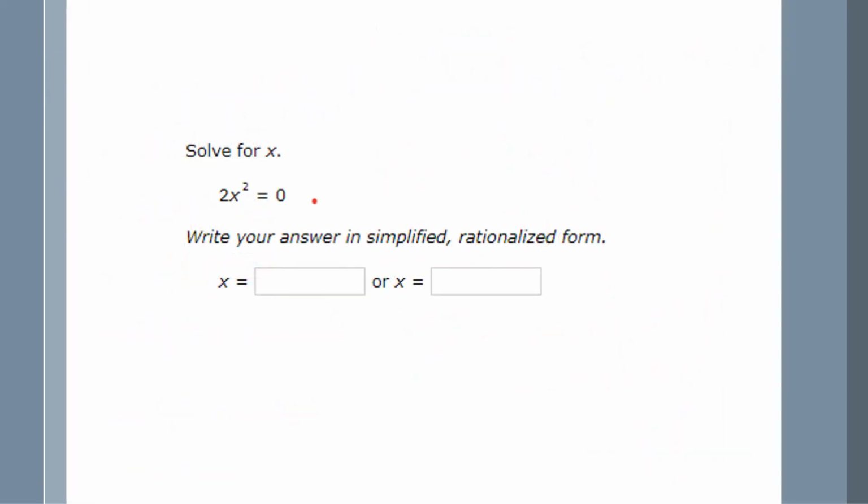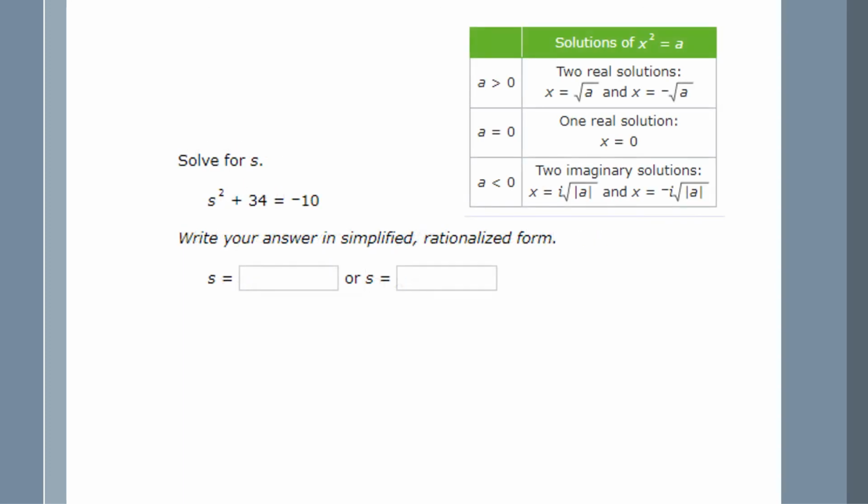You guys saw this one. You solve it like an equation, of course. But remember, squares, you take the square root of. Like say for example, if I was to say 4x squared equals 16.